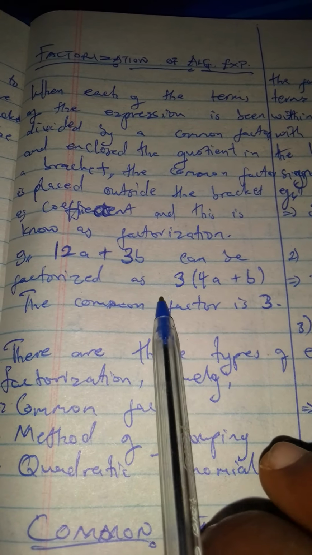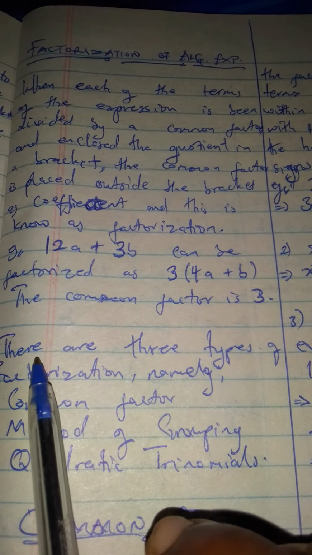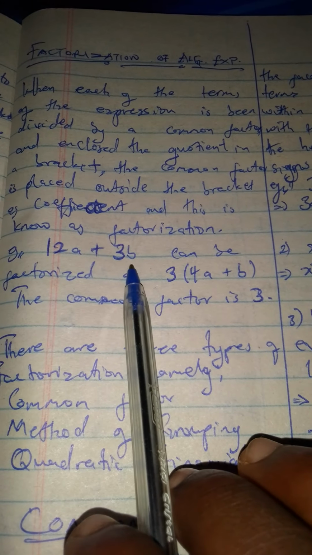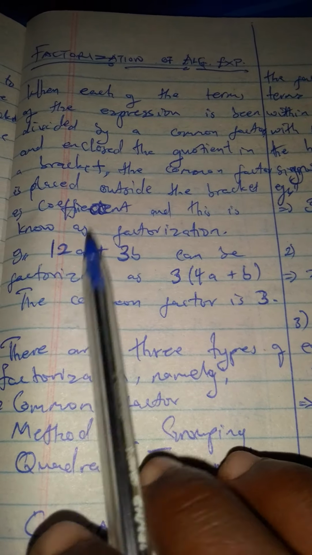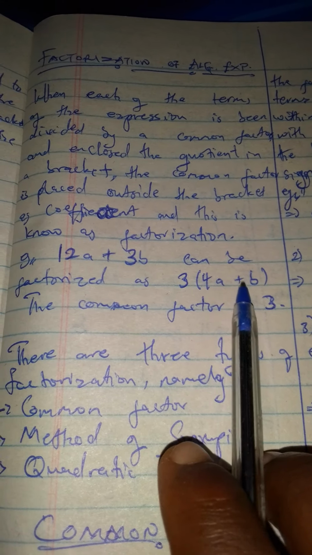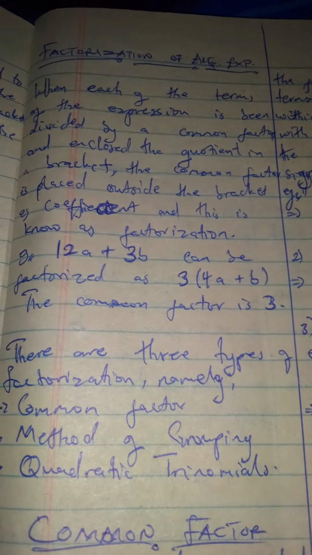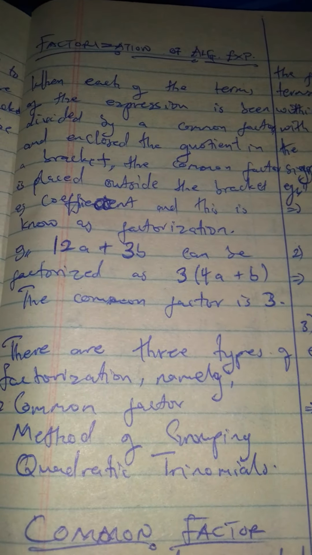That's why we have 3 then bracket 4a plus b. Note that 3 can never divide b and 3 can never divide a. That is why the a is still here and the b is also here, and the common factor here we know is 3, right?